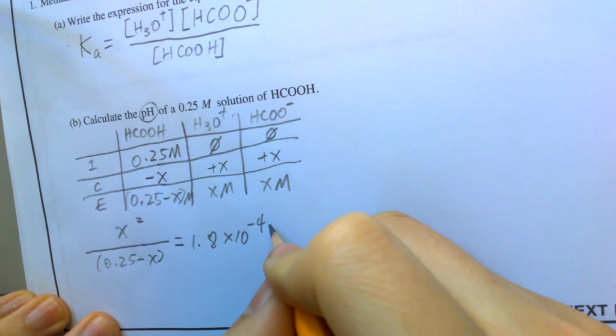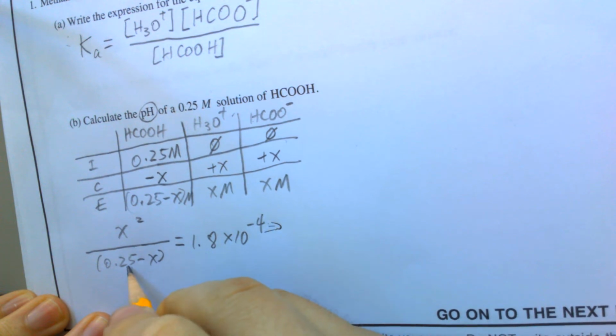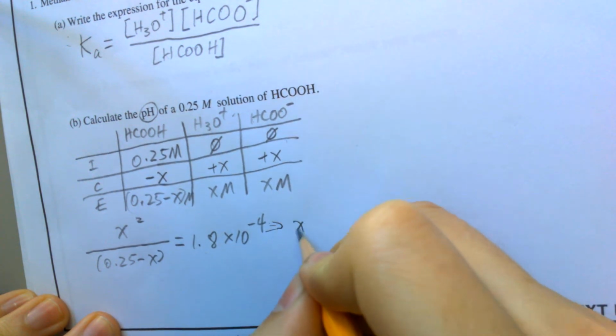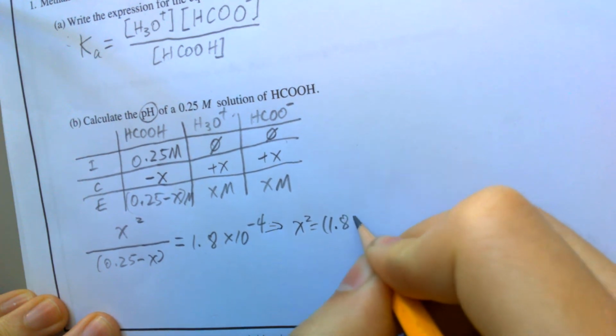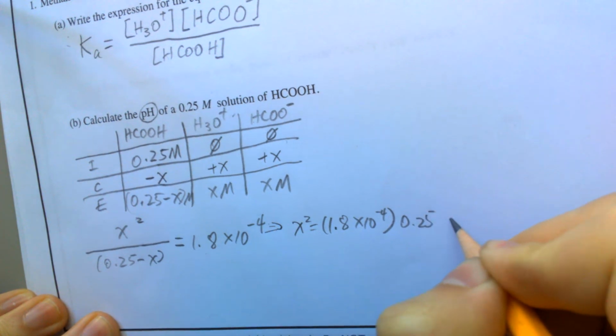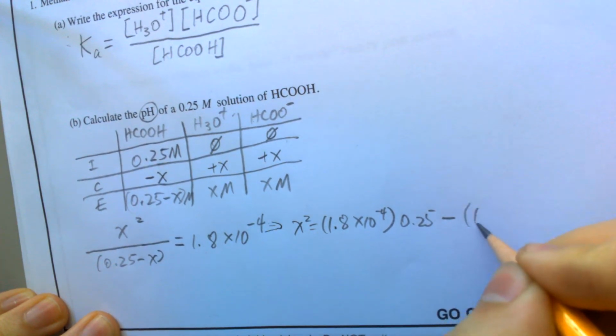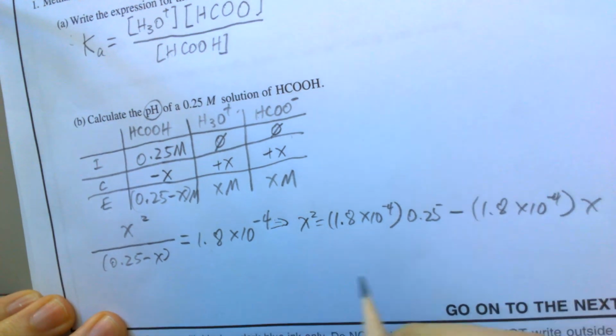We multiply by 0.25 minus x on both sides, so it becomes 1.8 times 10 to the negative fourth power times 0.25 minus 1.8 times 10 to the negative fourth power times x.